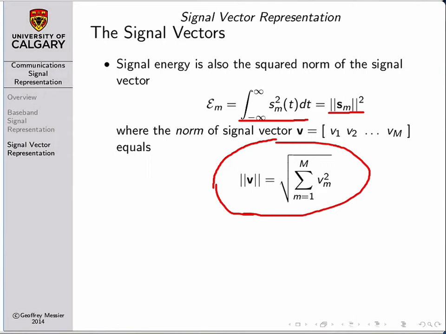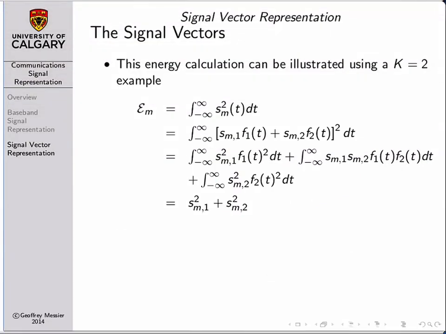And so why does this work? Well, it can be illustrated with an example where we have two basis function signals in our basis function set. What I'm showing here is that the energy of modulated signal M is just equal to the integral of the square of the signal.